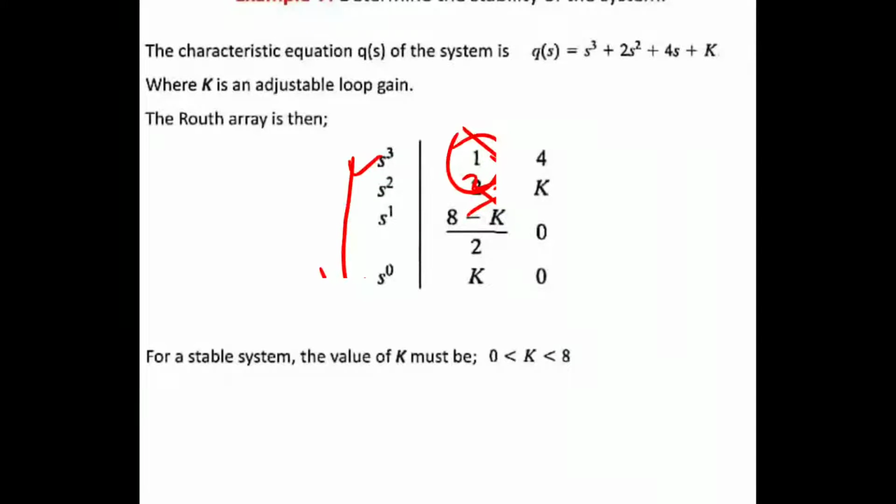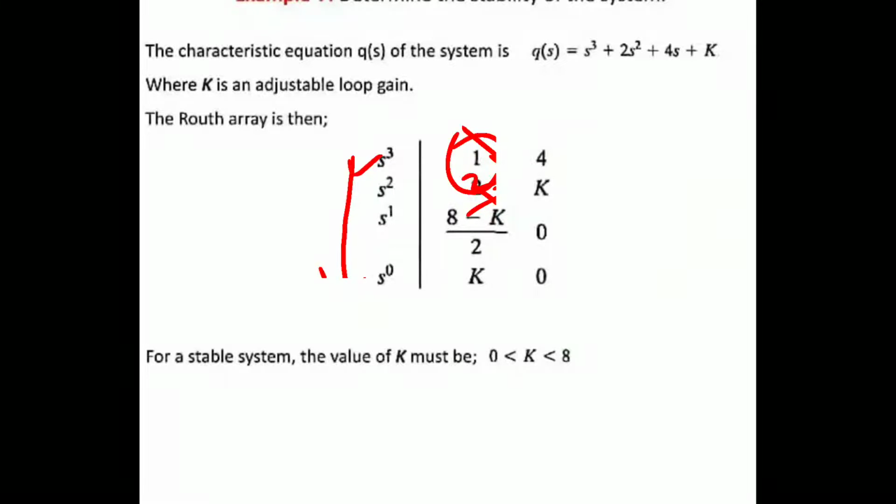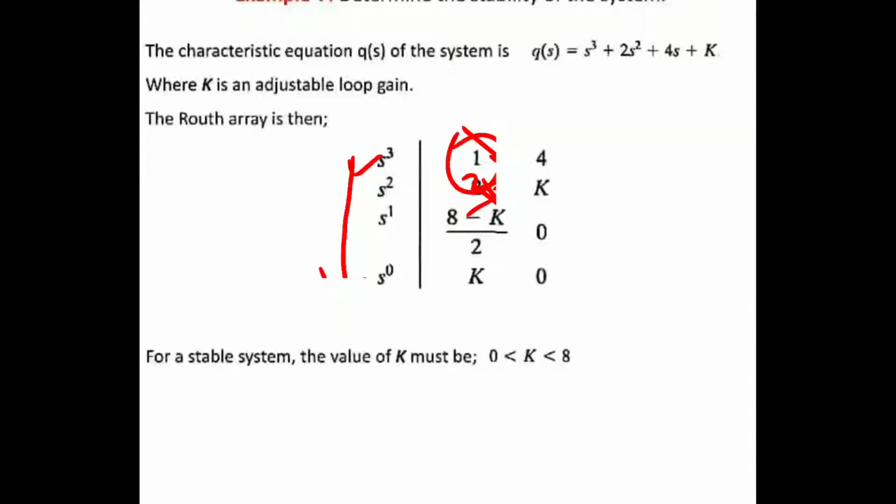That's why this second term becomes 0, and we are getting the same term in the numerator and denominator. So 8 minus k by 2 into k minus 0 divided by 8 minus k by 2, the 8 minus k by 2 terms get cancelled, only k is present.